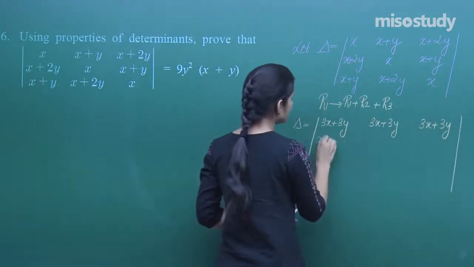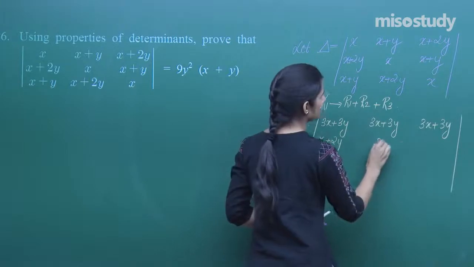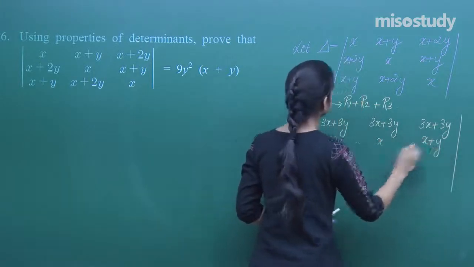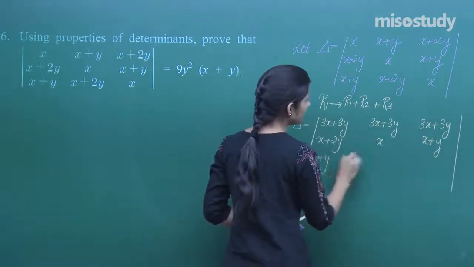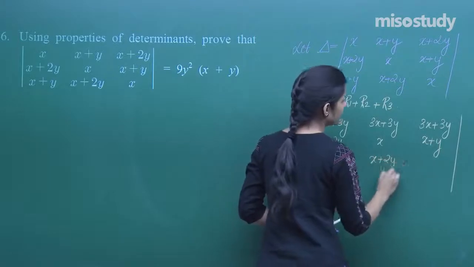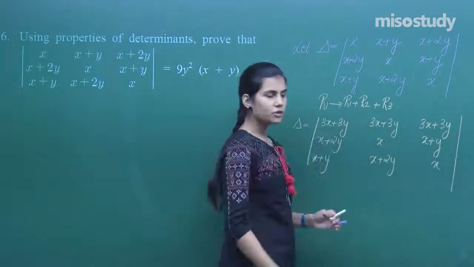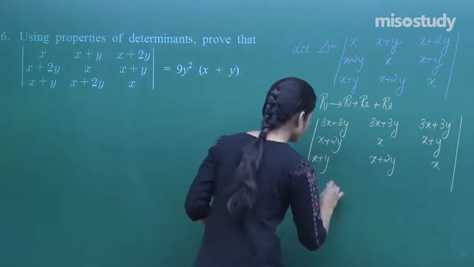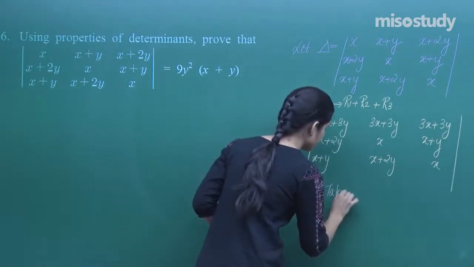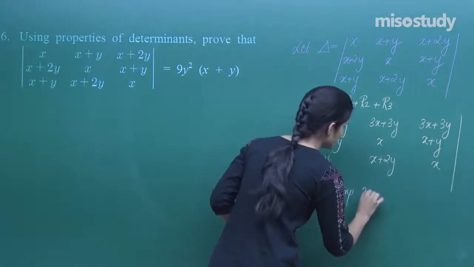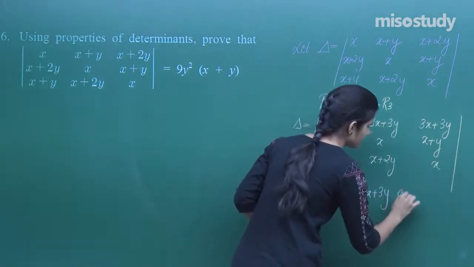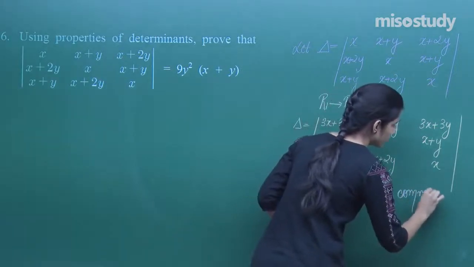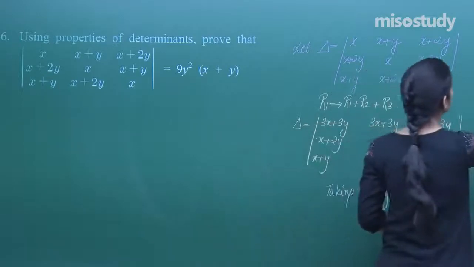Here you have x plus 2y, x, x plus y, then x plus y, x plus 2y, x. Clearly you can see in the first row all the three elements are the same, so I will be taking that common, taking 3x plus 3y common from the first row.